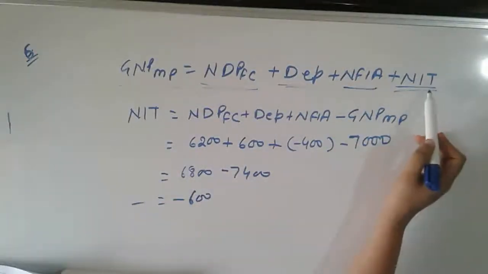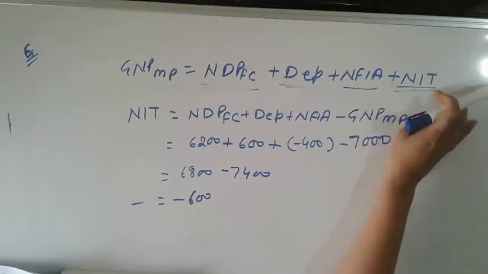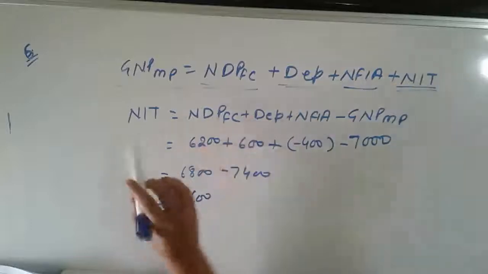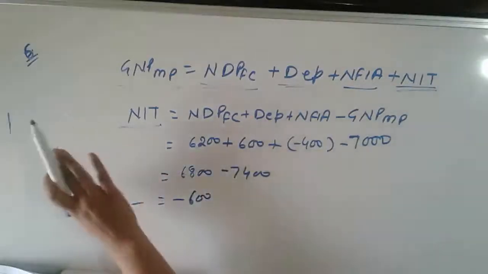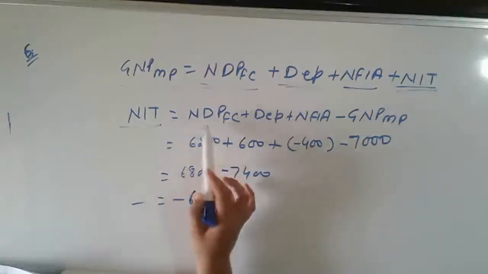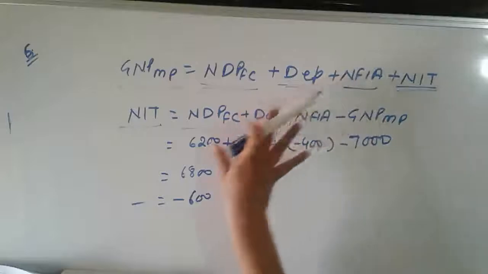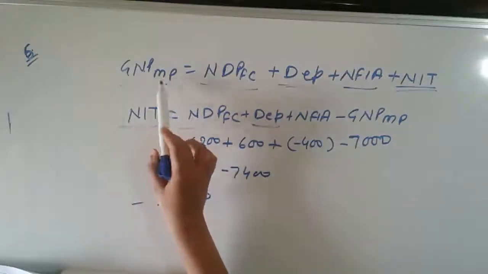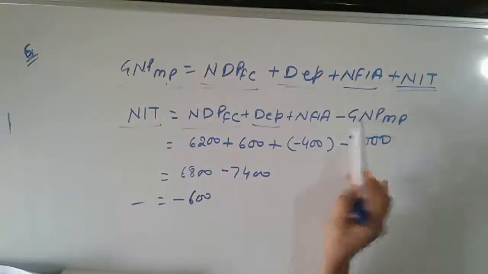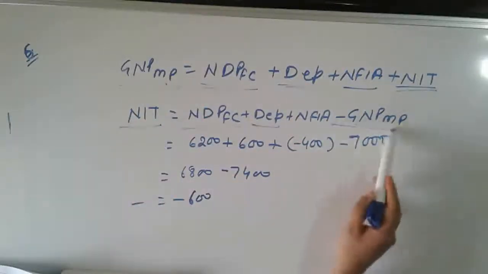So first, the variable NIT, which we have to calculate, we will put on the left hand side and the remaining variables on the right hand side. So NDP at FC, depreciation, NFIA will remain as they are, and GNP at MP we will take to the right hand side, so the sign will change from positive to negative.